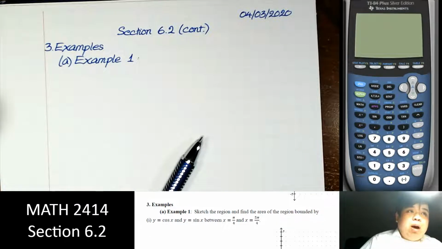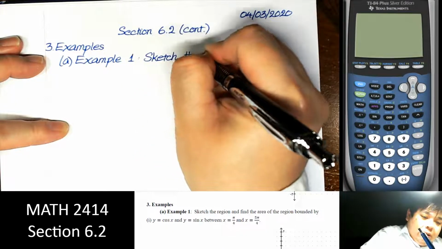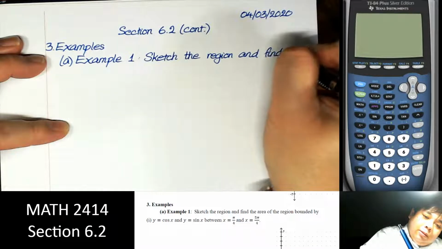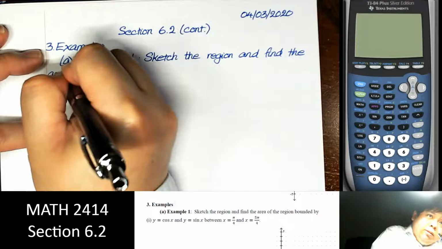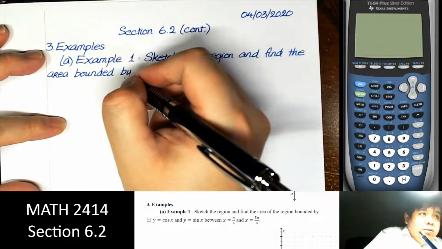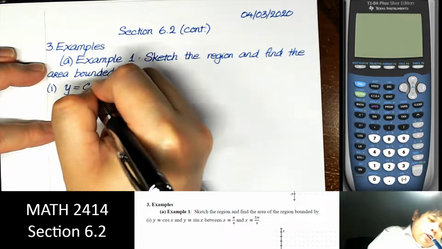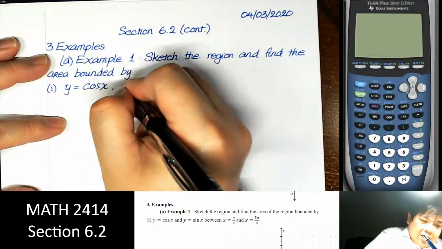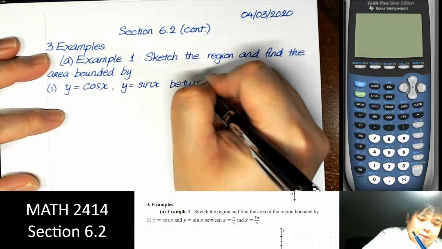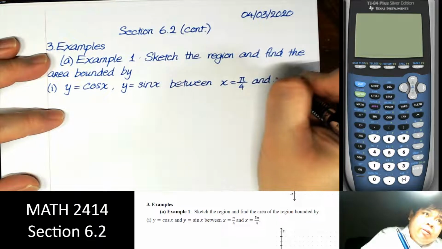Sketch the region and find the area bounded by these two functions, between cosine of x and sine x, between x equal pi over 4 and x equal 5 pi over 4.